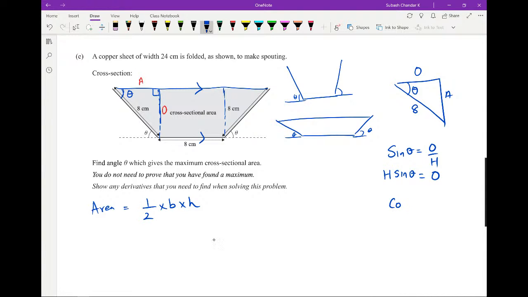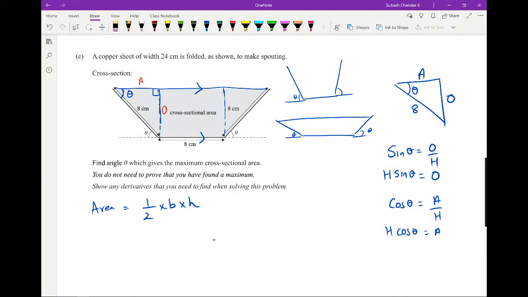Then cos theta, no, I did this wrong, sorry. I realized it, doing the same thing again. Cos theta is adjacent over hypotenuse. So then hypotenuse is 8. So I'm going to get h cos theta is equal to adjacent.